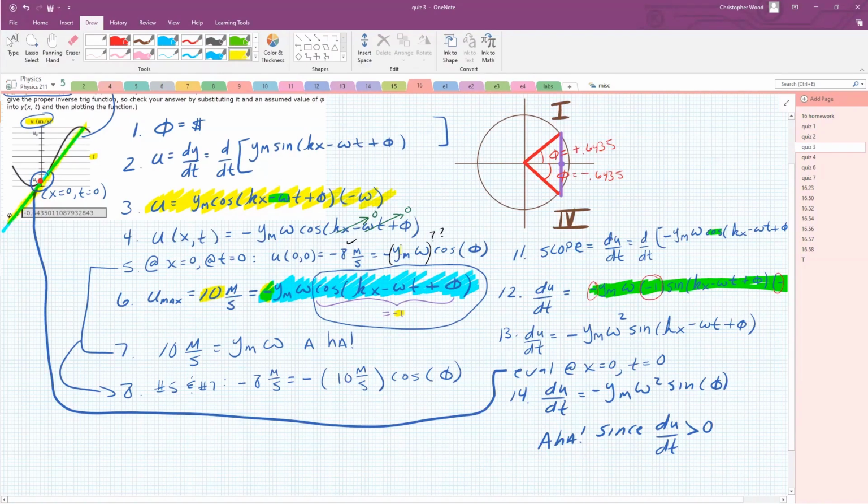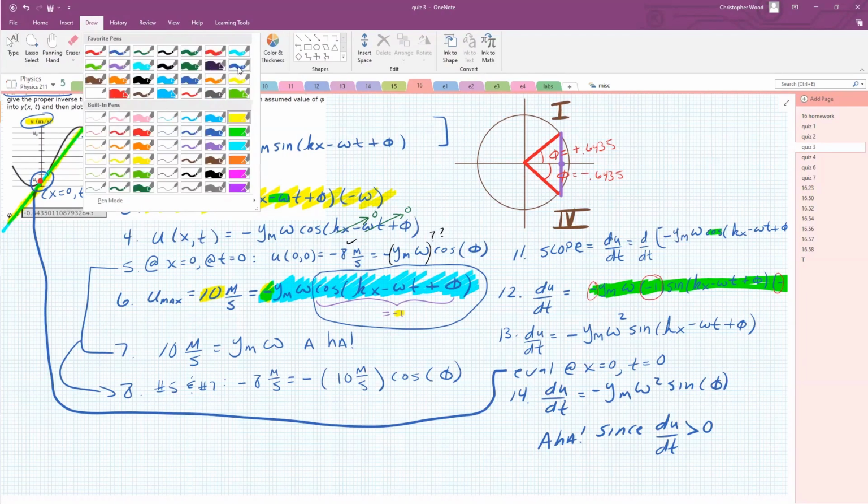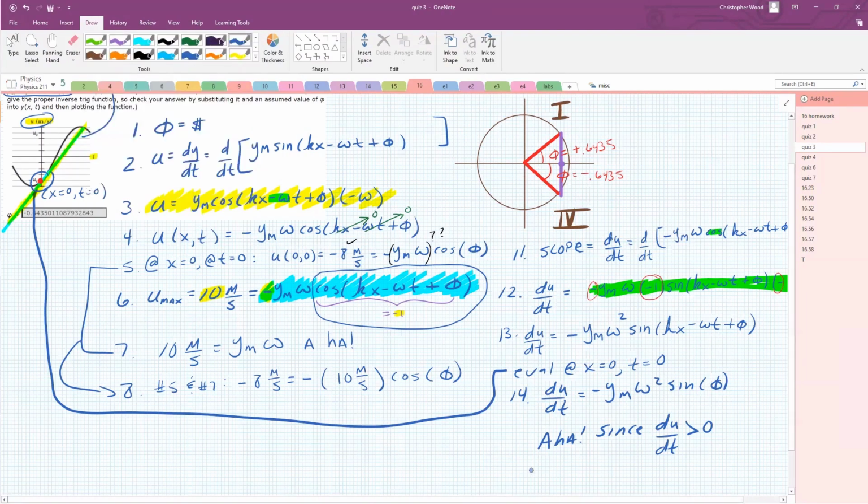That's a positive slope. That is for sure positive. So doing the slope test means the following. Therefore, ergo and therefore, sine of phi must be less than 0.